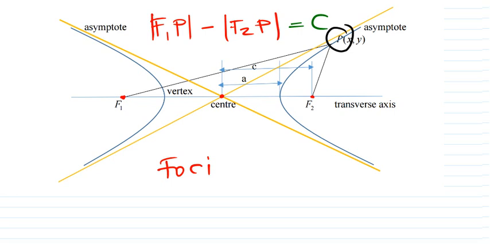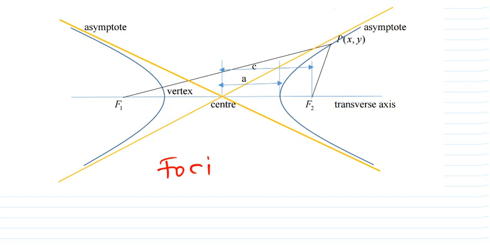So now it doesn't matter if you get another point on the hyperbola, and from there again measure the distance to F1 and so on, you find that you're always going to be getting a constant there. That's very key and basic for you to understand.